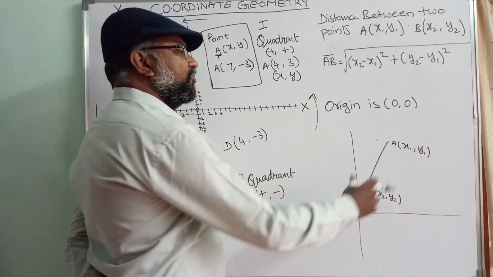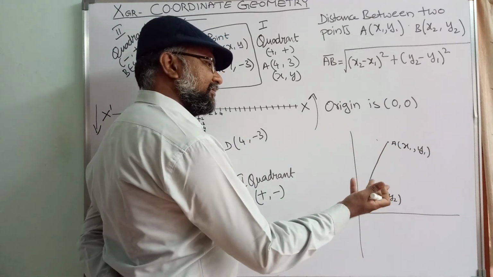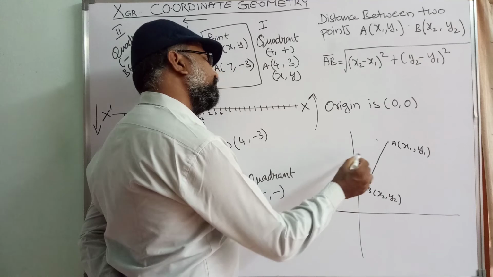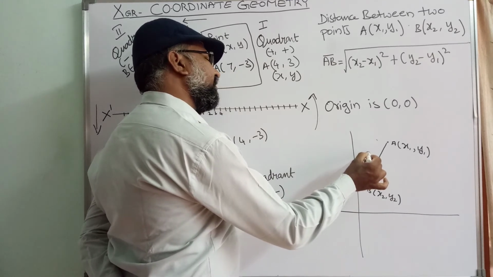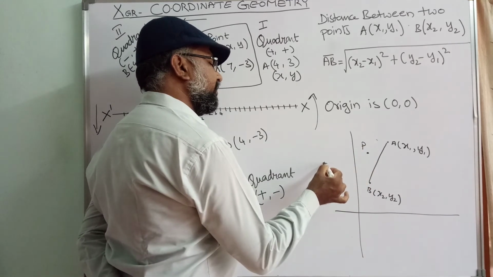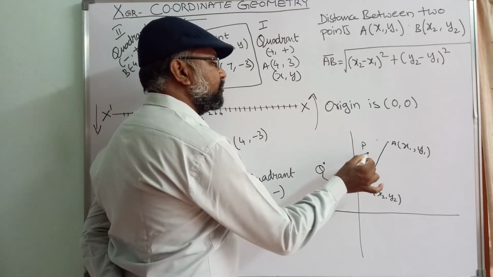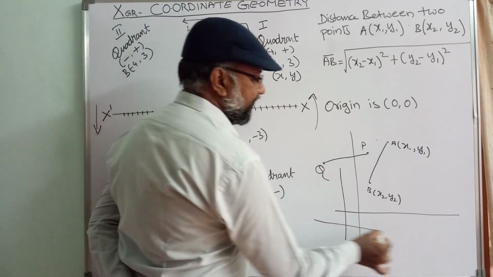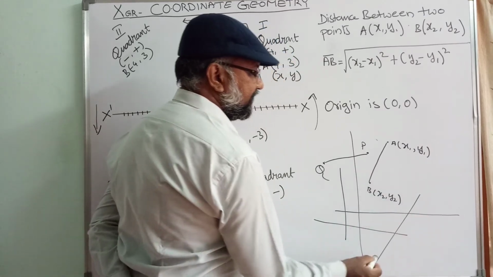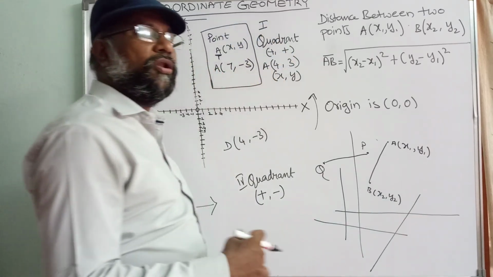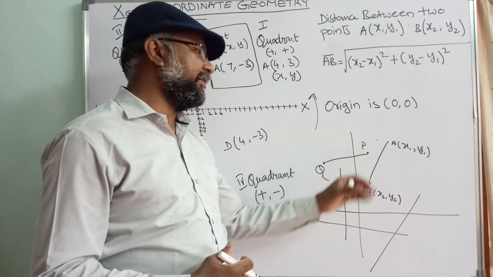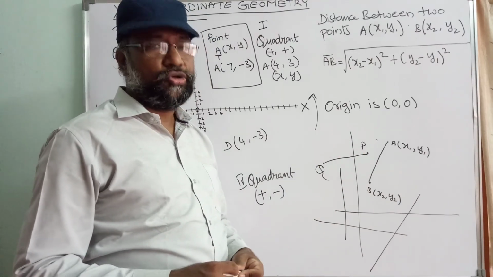That means in the coordinate system, not only in the first quadrant: you can take a point here, P, and a point here, Q. There is also a distance between them. So we can have so many problems related to the distance between two points.